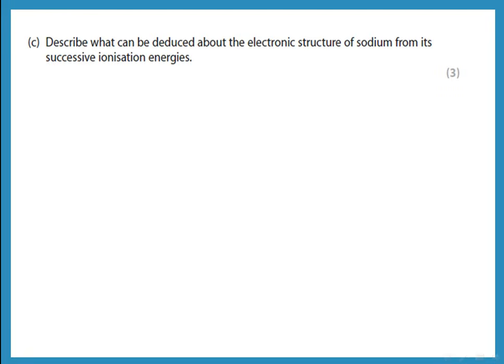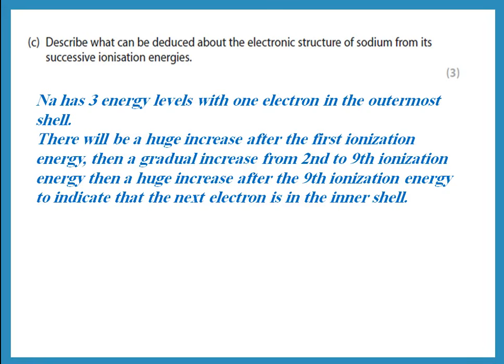Describe what can be deduced about the electronic structure of sodium from its successive ionization energies. So if we look at the successive ionization energies, first, second, third, fourth, and so on of sodium, what will that tell us about the electronic structure? You should remember that if we look at the periodic table, sodium has 3 energy levels. It has 1 electron in the outermost shell.